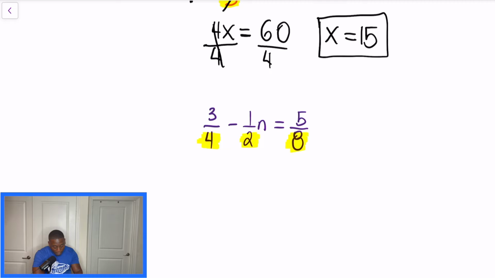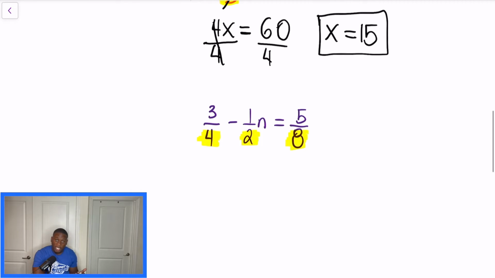So if I look at these three numbers, I know they all share a common multiple of 8, right? So what I'm going to do is change the entire fraction so they all have the same denominator. So in our first example, to get 4 to become 8, we're going to have to multiply 4 by 2.